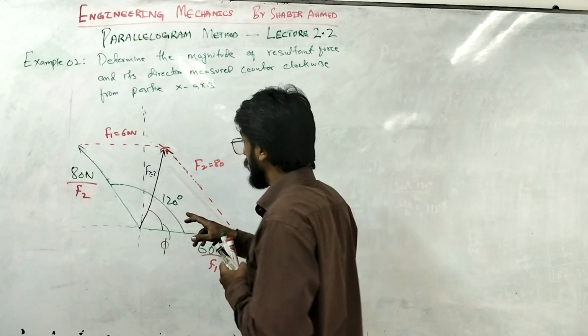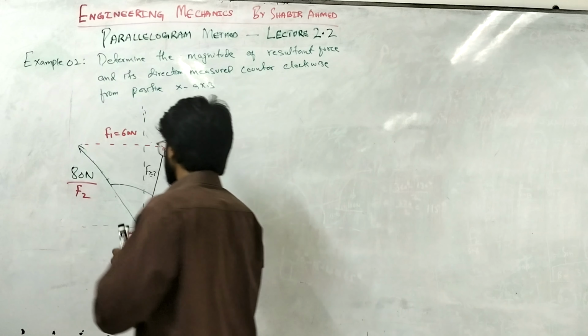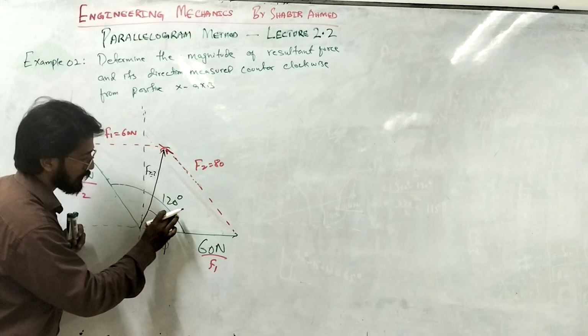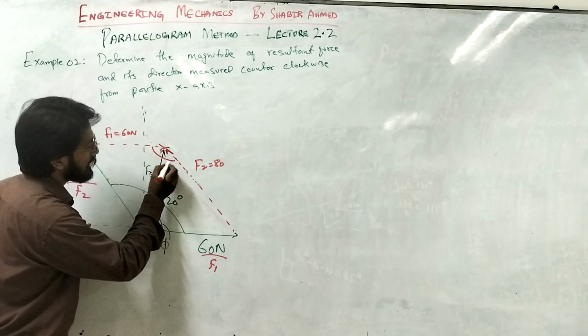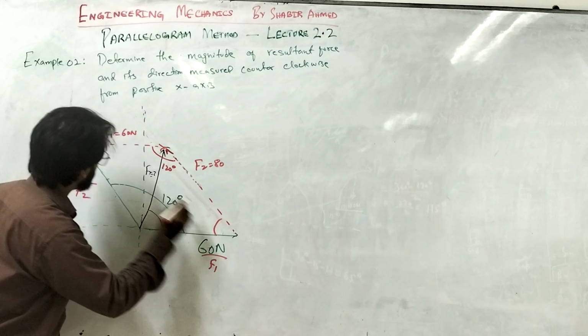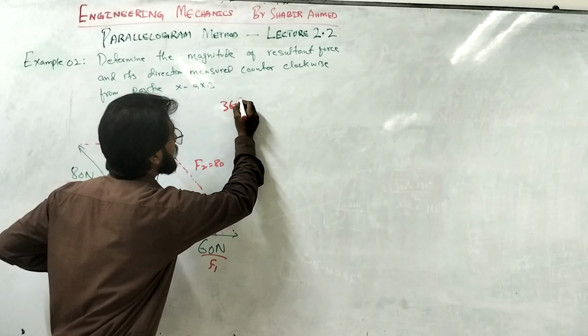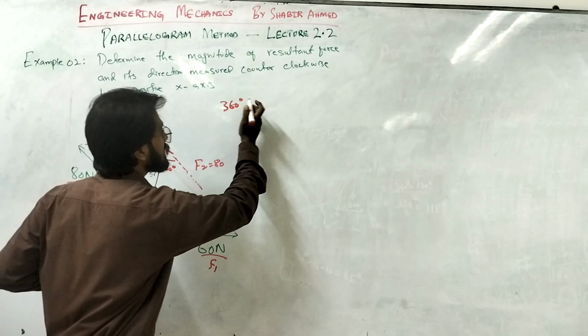So I am going to take this side first. I need to calculate the angles. If this is 120 degree, then this is also 120 degree. And now for this side and this side, we know that the total angle in a parallelogram is 360 degree.